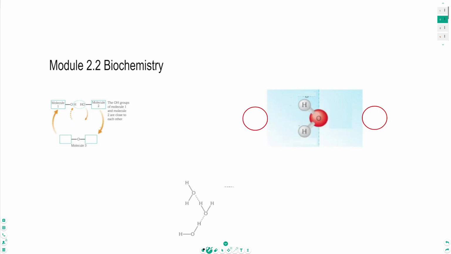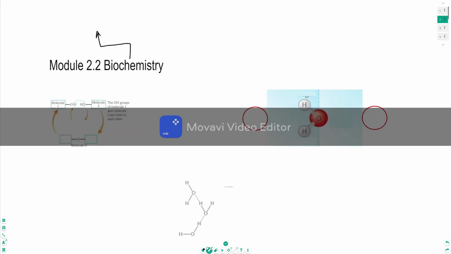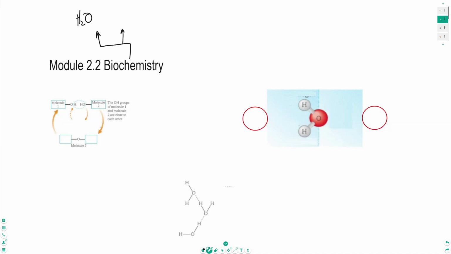So, we'll start with just a basic introduction to biochemistry. There are 4 major biomolecules that we need to be aware of. Well, 5 really, but DNA and RNA are in a separate module. So, the first one is obviously water. The second one is carbohydrates.